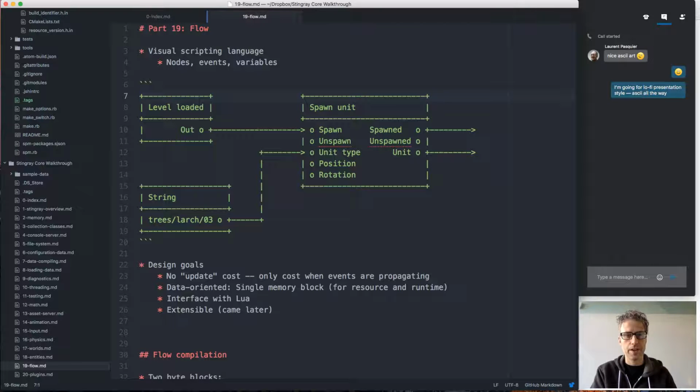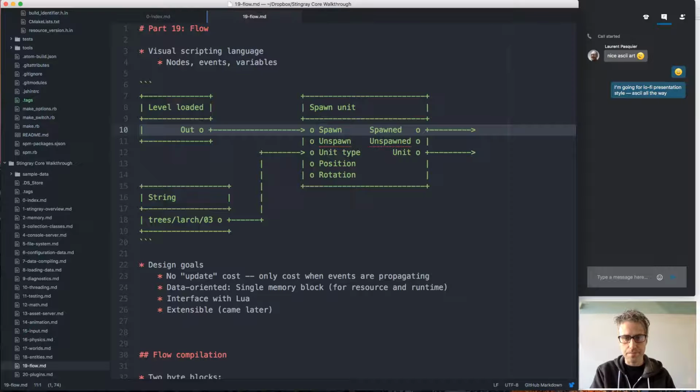We have a level loaded node with just an out event that gets triggered when the level has been loaded. So this is something you can use to initialize stuff in Flow from Flow. That out event is then connected to another Flow node, which means that when the level has been loaded, it will trigger this event in this Flow node.